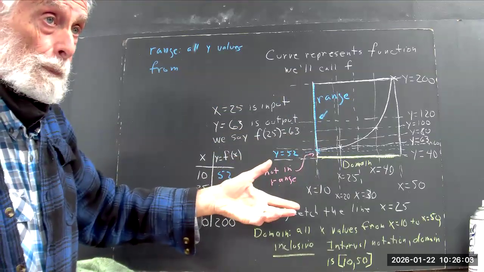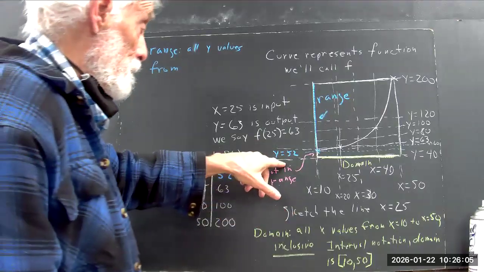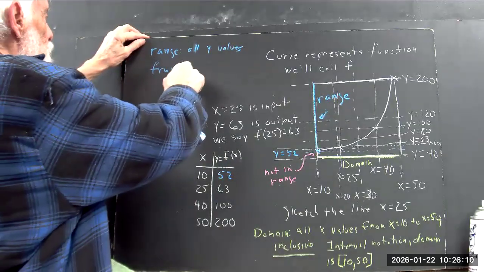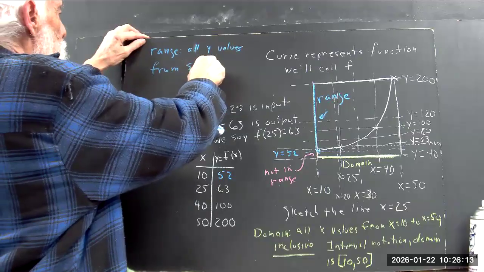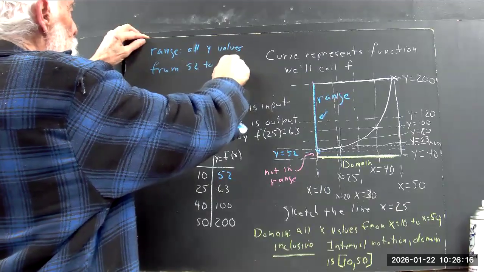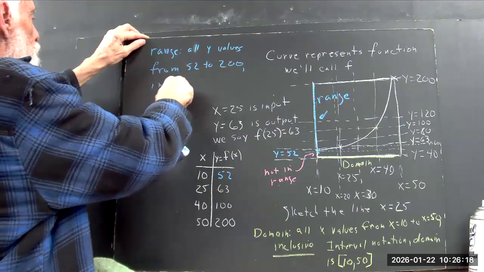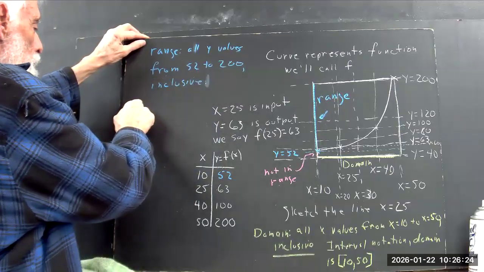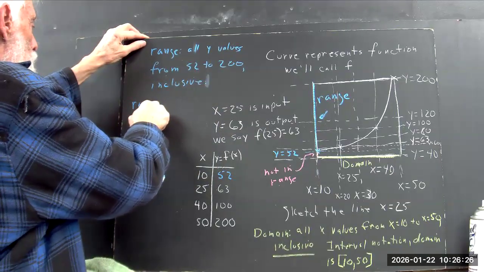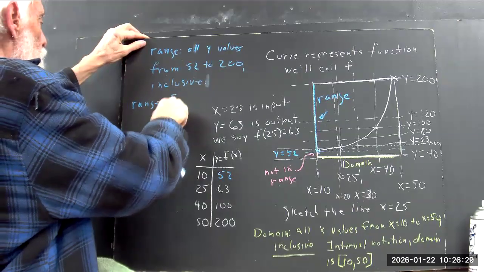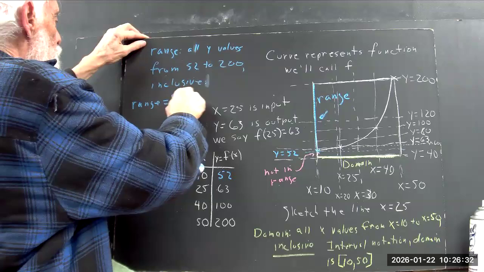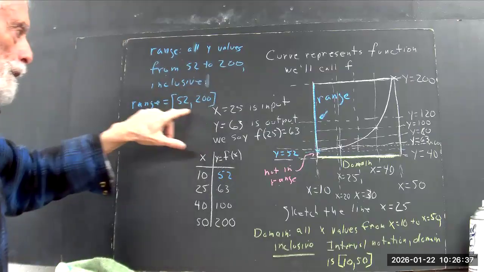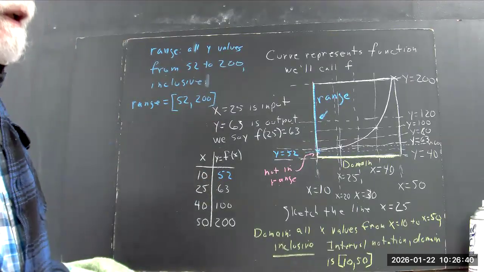You would have had a different estimate, most likely. But if my estimate is correct, we'll say that the range is all y values from 52 to 200 inclusive. The range is the interval 52, 200, with, again, the square brackets indicating that the 52 and the 200 are included.